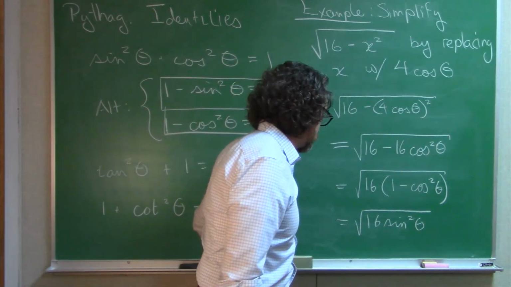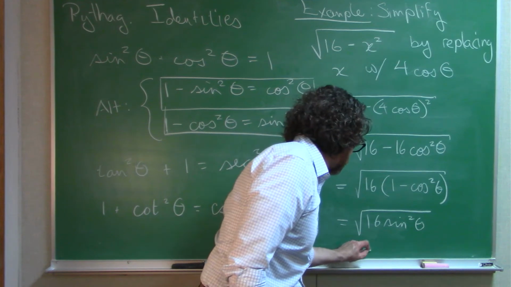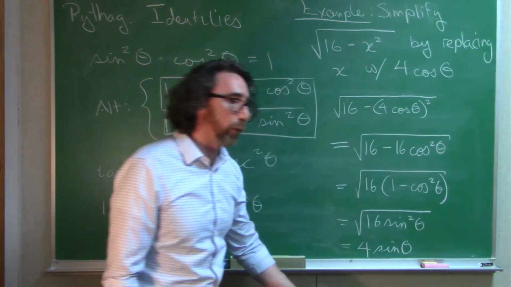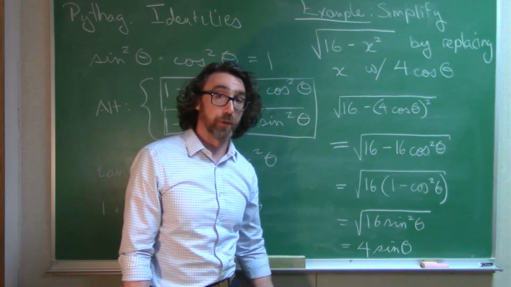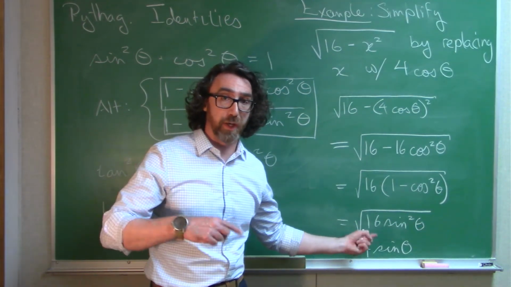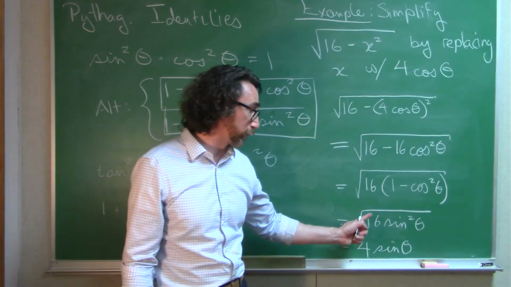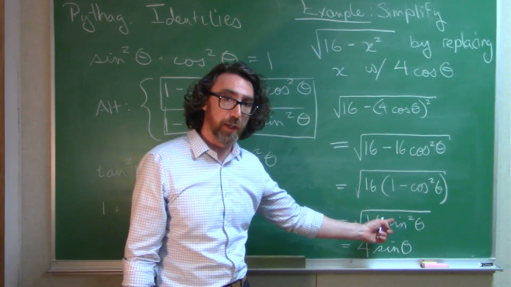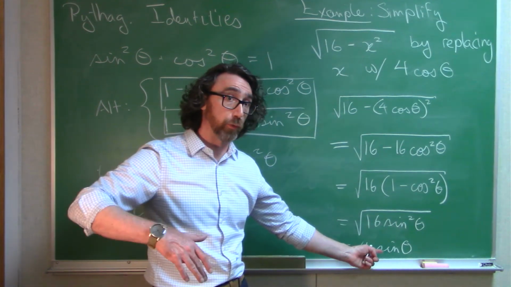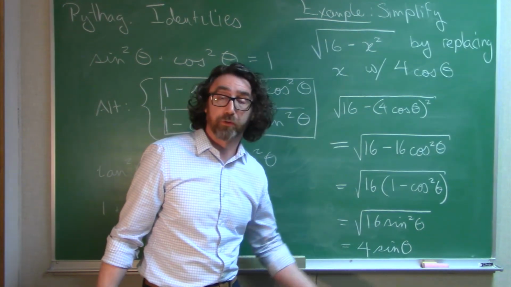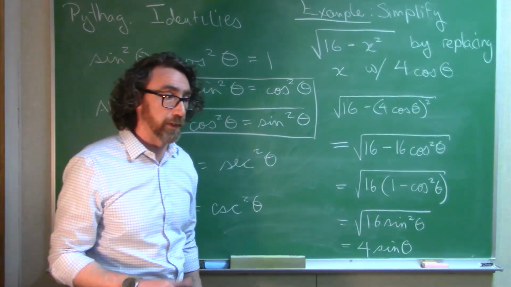And now we're going to use some facts about properties of square roots. Remember we talked a lot about square roots early on in this course. Square root of a product is the product of the square roots. I can take the square root of 16, which is 4, and the square root of sine squared. Well, square root and a square, those undo each other. They're inverse operations. So I'm left with 4 sine theta.